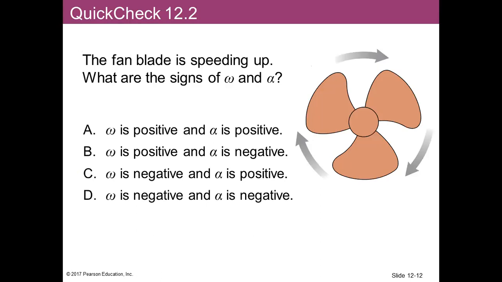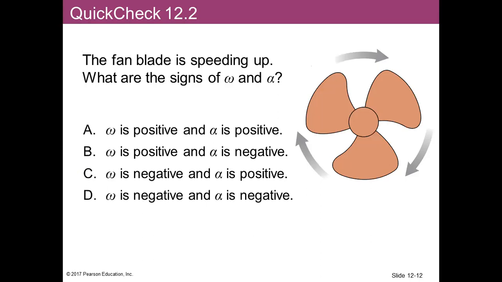The fan blade is speeding up. What are the signs of angular acceleration and the angular velocity? Number A, the angular velocity is positive and the angular acceleration is positive. Number B, the angular velocity is positive and the angular acceleration is negative.